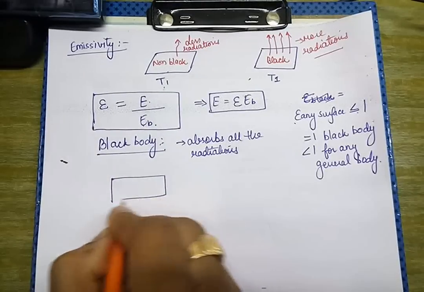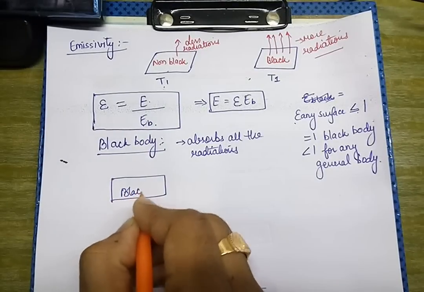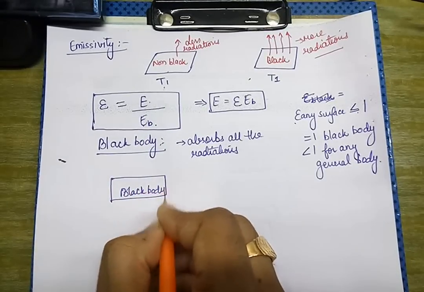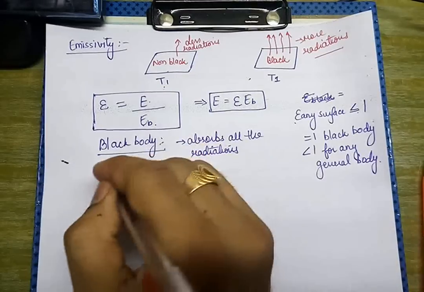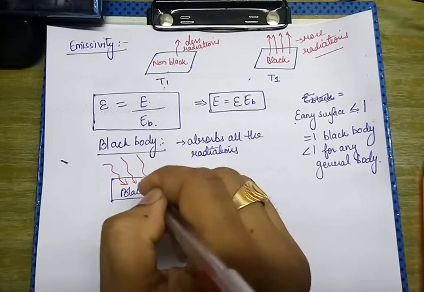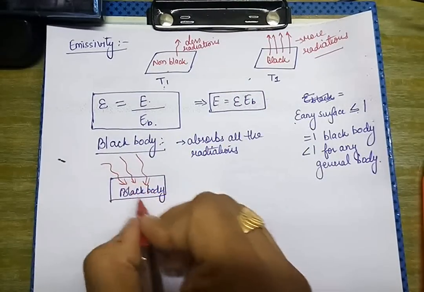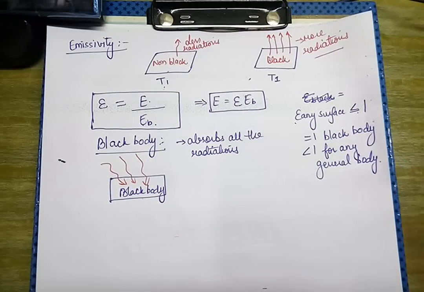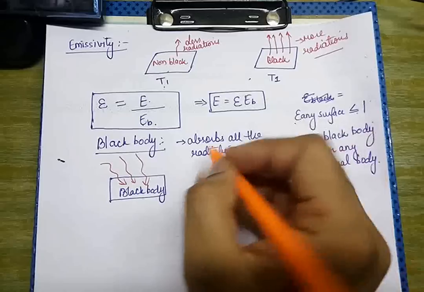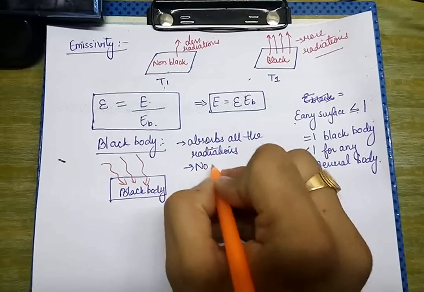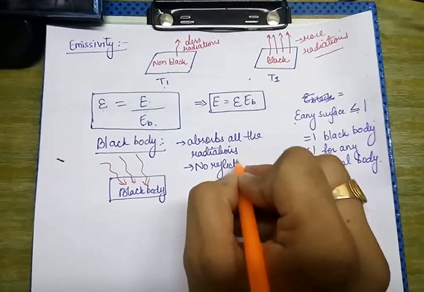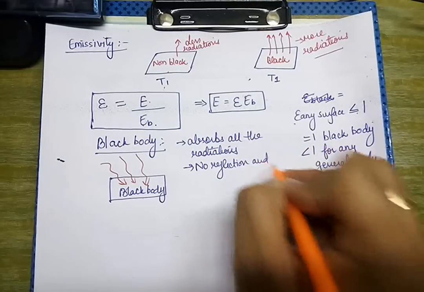For example, if this is a black body and radiations are falling on this body, it absorbs all those radiations falling upon it, such that there is no reflection or transmission of this radiation.